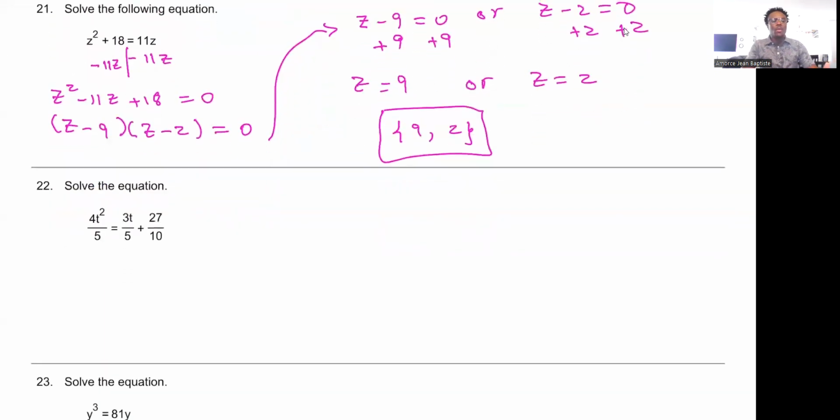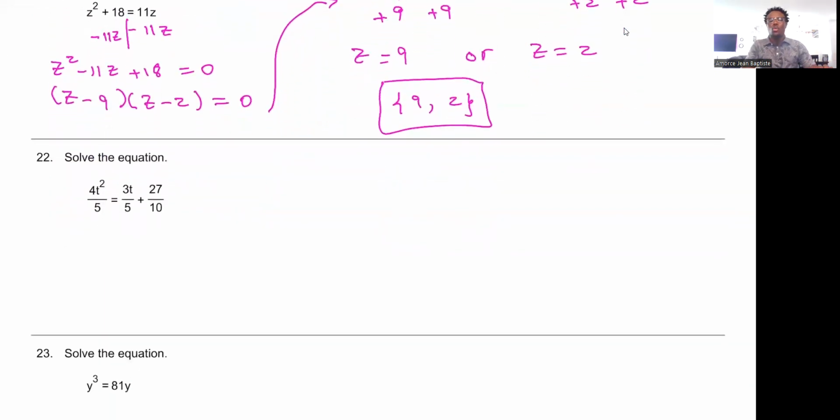I always say whenever you have fractions, you want to find the least common denominator to multiply by. In this case, you all know we multiply by 10. And that takes me to the new problem: 8t squared equals 6t plus 27.